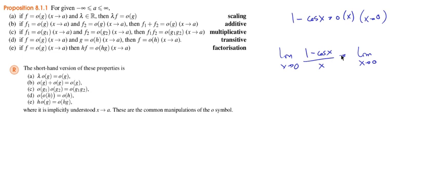So 1 minus the cosine is equivalent to x squared divided by 2 divided by x. So this is the same as x divided by 2. So the limit of this is going to be 0, right? So again, 1 minus the cosine is asymptotically equivalent to x squared over 2 plus small o of x.